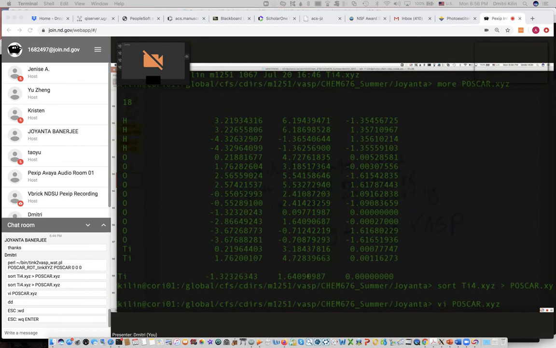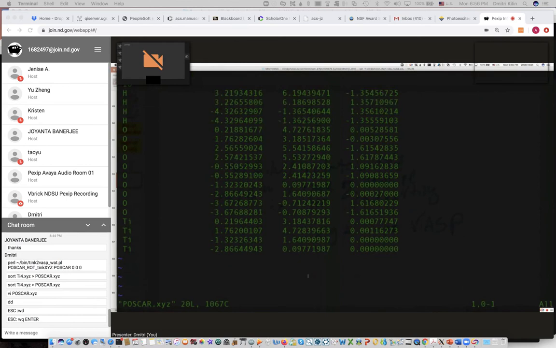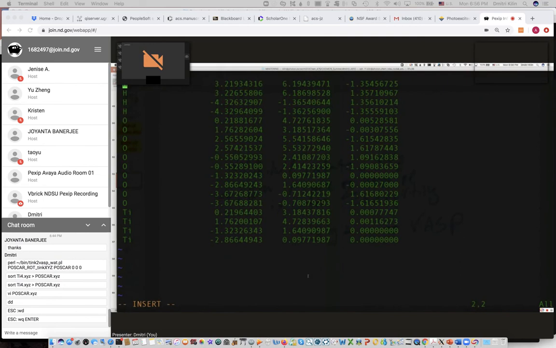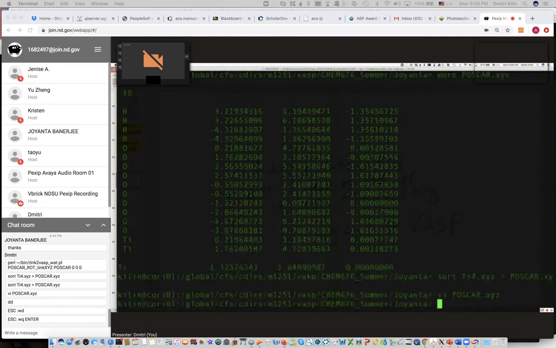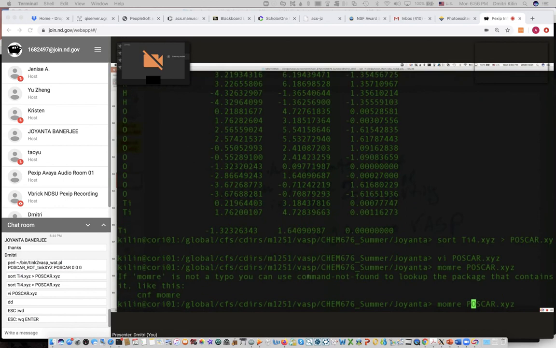So deleting the top line, DD, then typing I, going in front of hydrogen, enter, maybe space, and then after this, I am typing escape, so the word insert disappears, then colon WQ, enter. More postcard.xyz. And now please repeat the same as everyone else did.